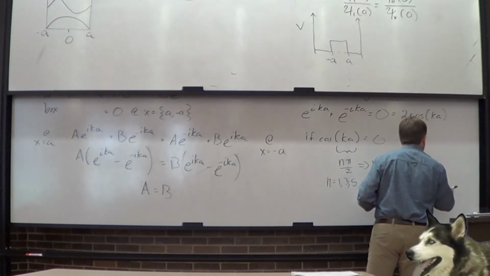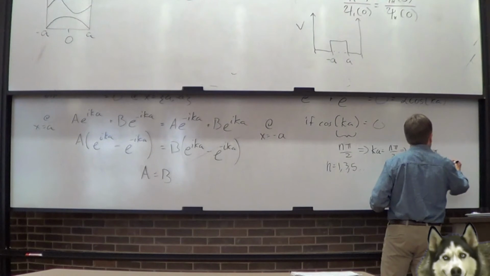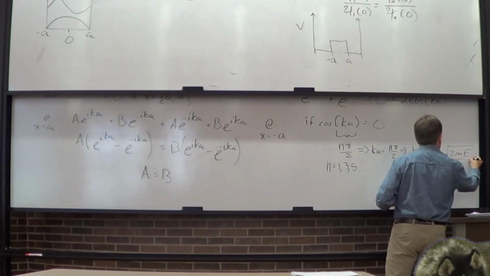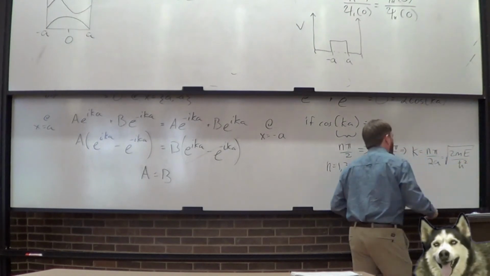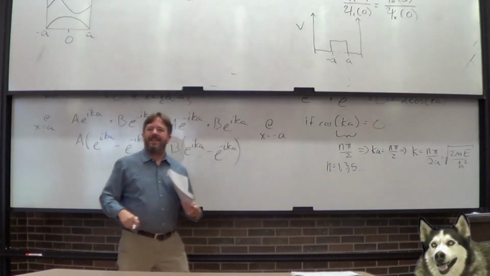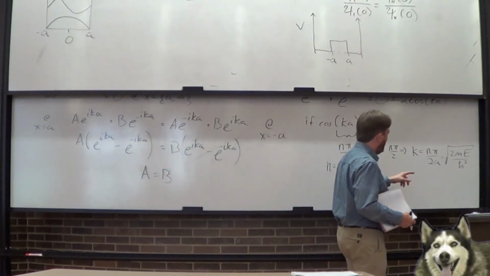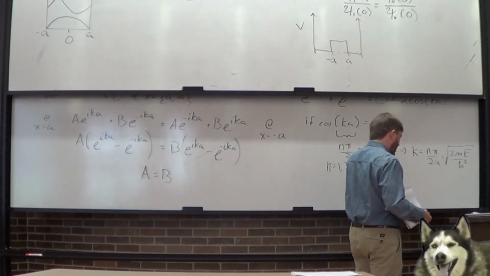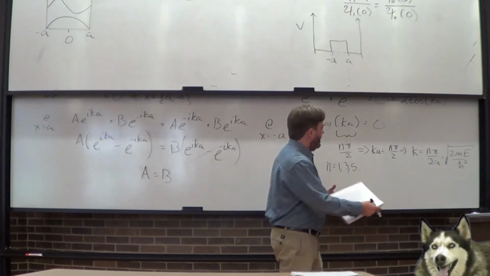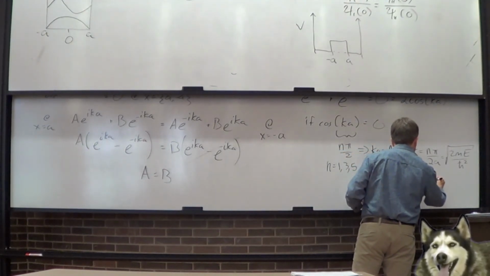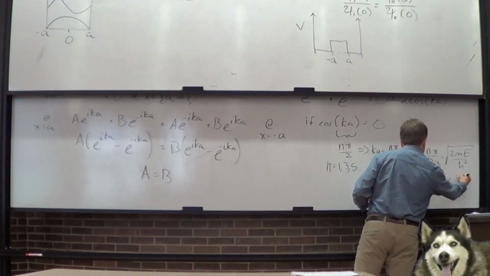And that, of course, is equal to the square root of 2me over h bar squared. So now you have the energy. I'm not even going to solve it. It's right there. So anyway, I'll just remind you that the point is to solve for the energy.